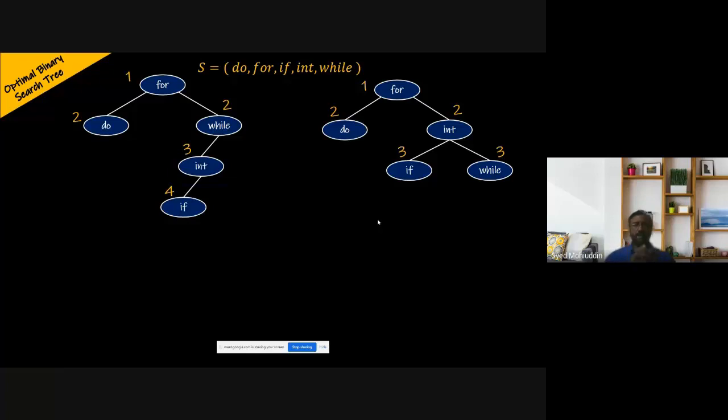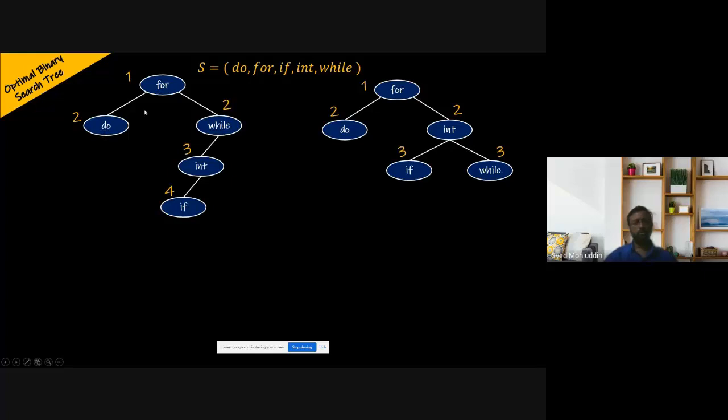Now let us look at how many comparisons are needed to search an element. Remember, right now we are talking about successful searches. If you consider the tree on the left side, for is the root. So to find for, we need only one comparison. We compare with the root, and it is found. What about do?